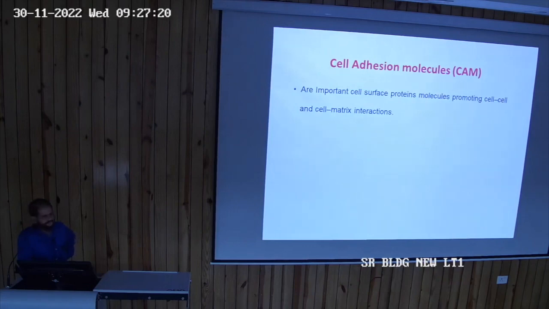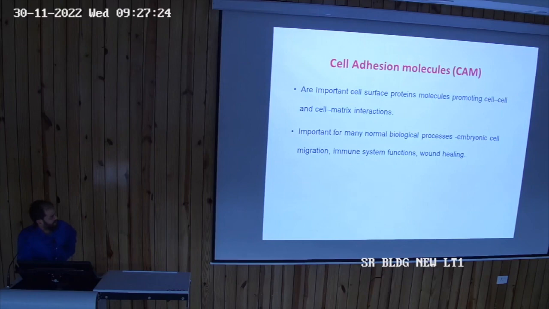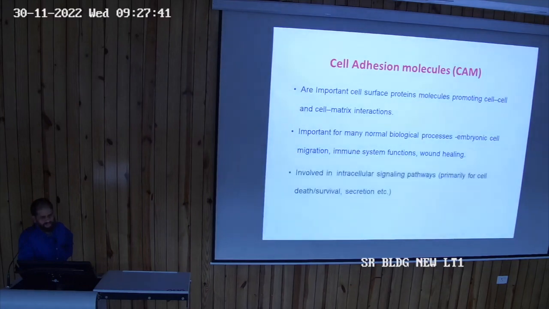Okay, cytoskeleton interaction. So these are important for normal biological processes. ये किस चीज में काम आते हैं, हमारे adhesion molecule. These are important for embryonic cell migration, immune system, wound healing, है ना. These are also involved in signaling pathways.